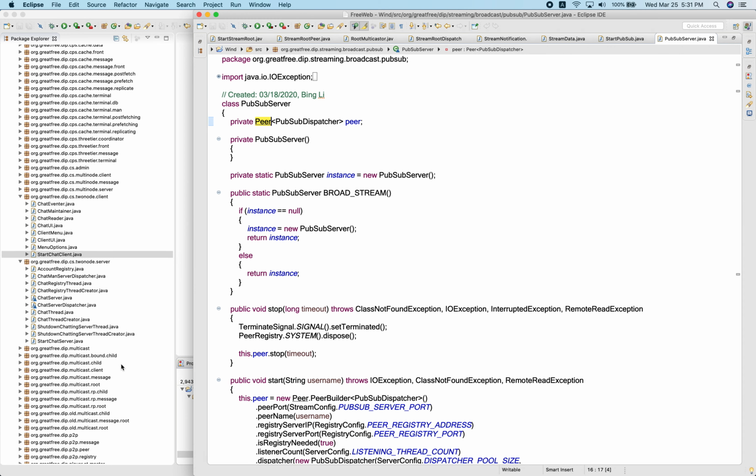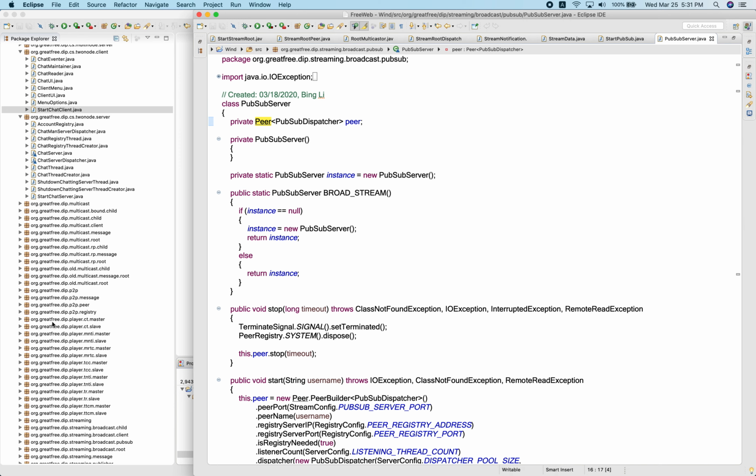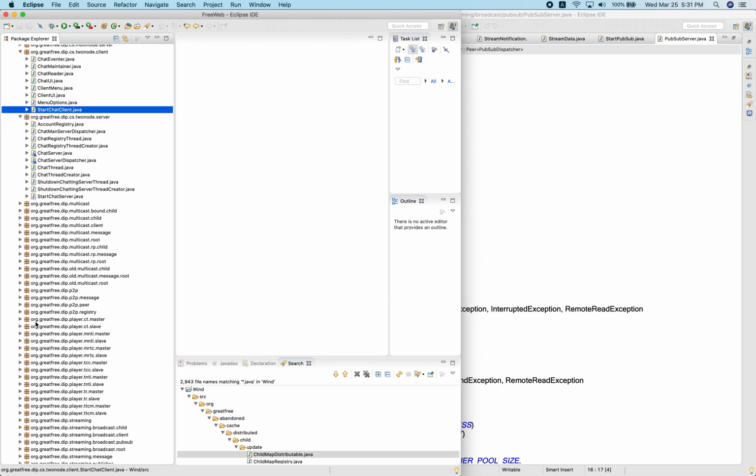I'm not sure whether you still remember it or not. Another one is here. You must be familiar with this one. This is the registry server. When we program the peer-to-peer system, when we program the multicasting framework, we use this registry server to keep the IP address of all the peers.